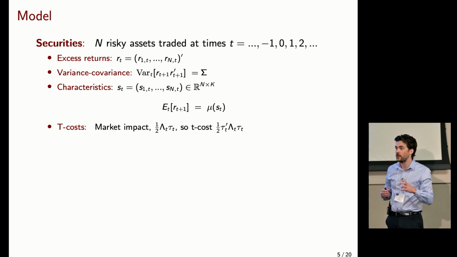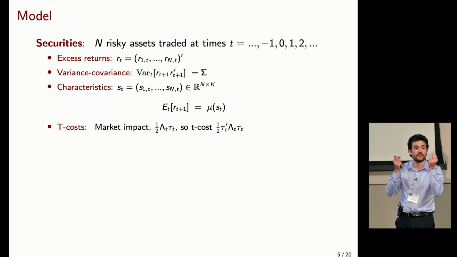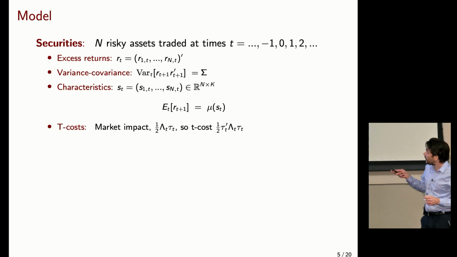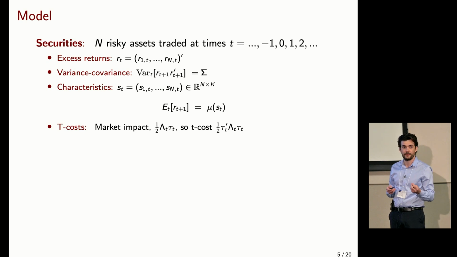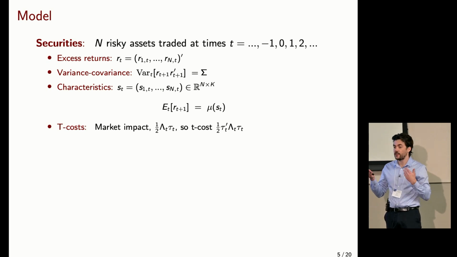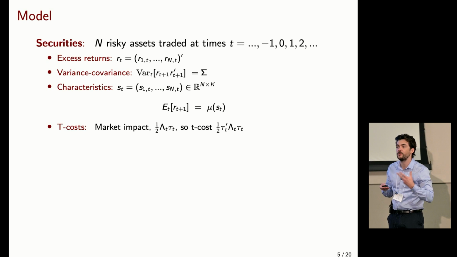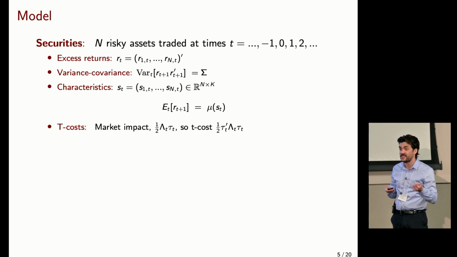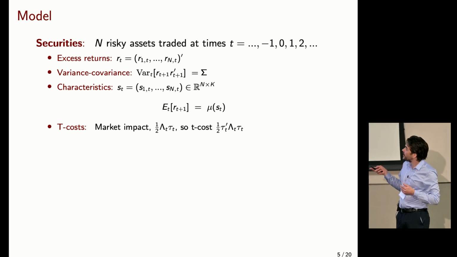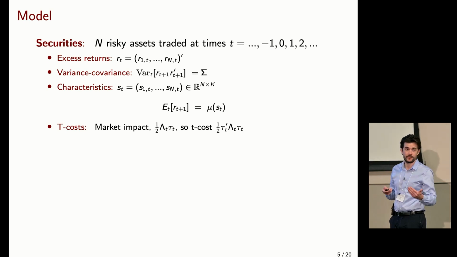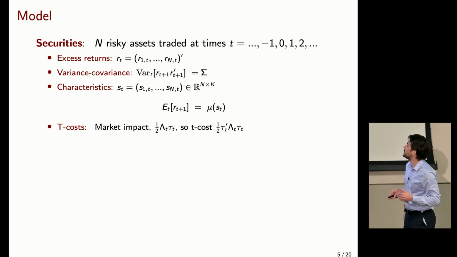Of course, if you trade more, you move the price more. But then to compute your total trading cost, you have to multiply that by the number of shares you're trading. Therefore, once you have price impact, the total trading cost becomes quadratic in the amount traded. You could contrast that with proportional trading costs, which would happen if you only had to pay the bid-ask spread. That would be easier to work with, but market impact is actually the more relevant cost for a large investor. That's why we consider this form.